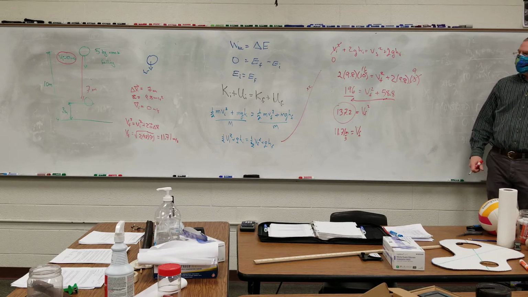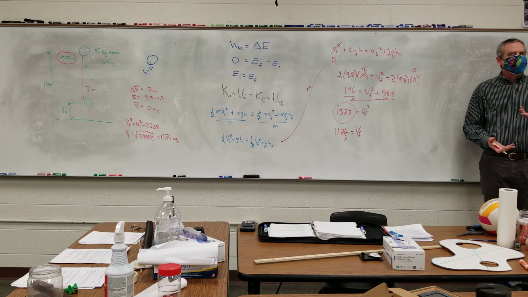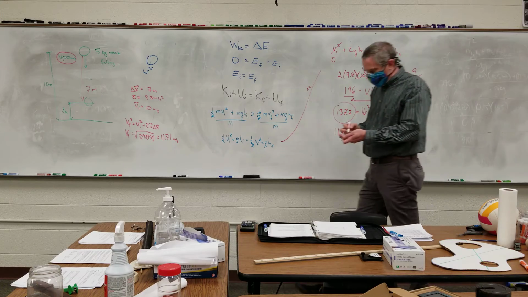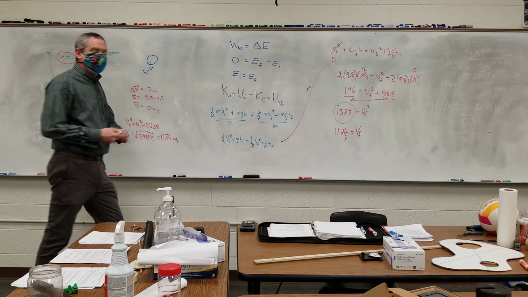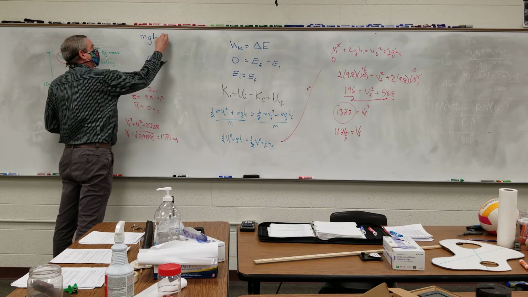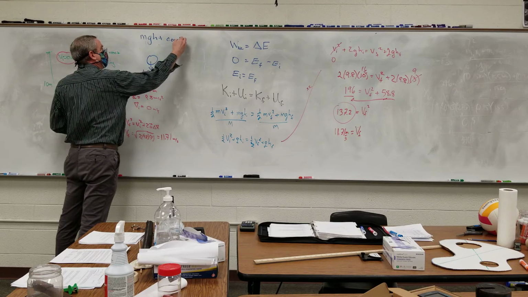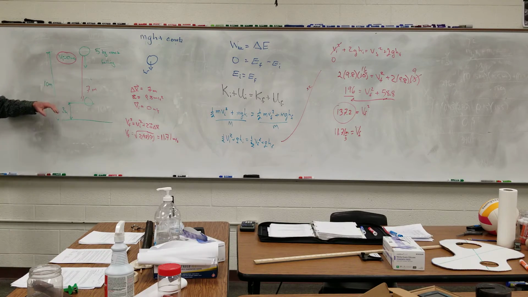So where we choose our initial height is really somewhat irrelevant. And this gets into two things. One, the formula for potential energy here is technically mgh plus some constant. There's nothing special about this 10 meters here. What's special is the fact that it's going to fall 7 meters.